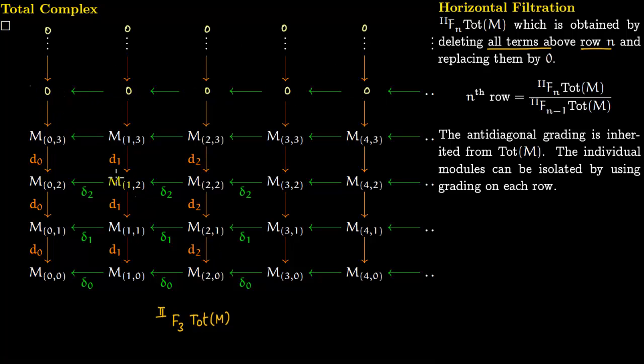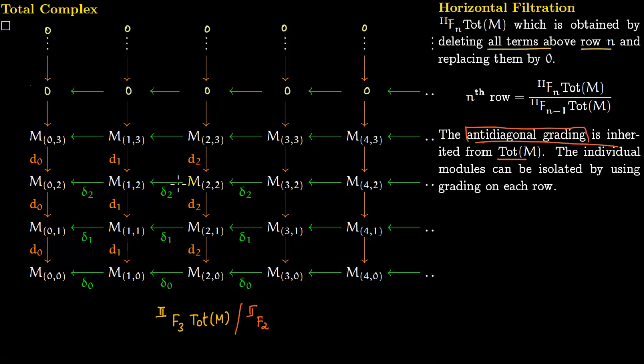So this is it, and the grading remains the same, inherited from the total complex. So you have the grading on the anti-diagonal, as we have seen before. You can isolate the nth row by modding out the n minus 1 part. So from F3, if you mod out F2, you get the third row.